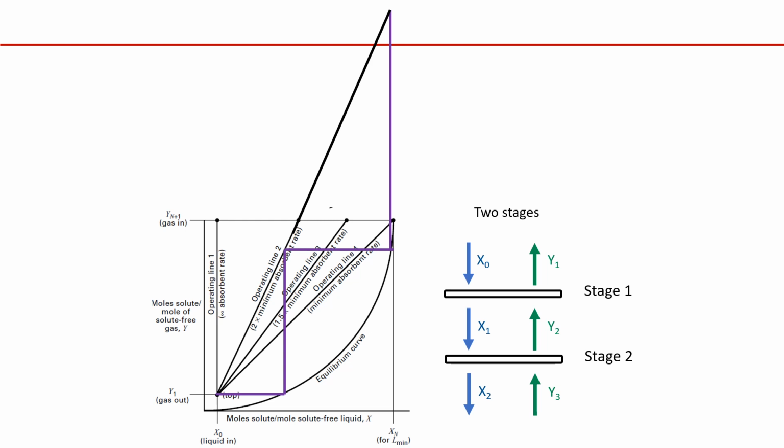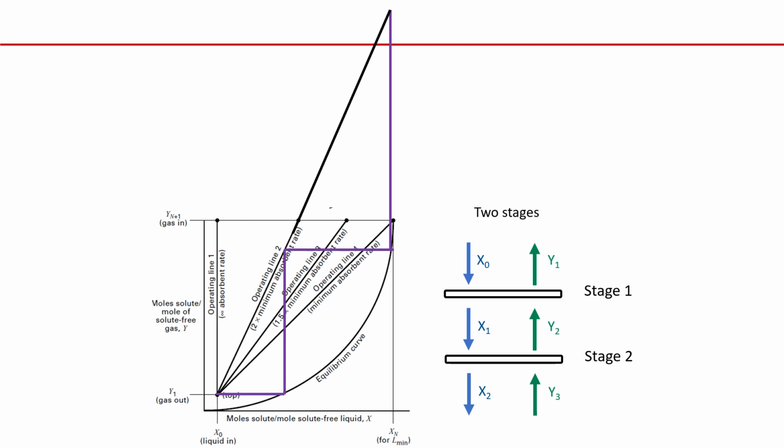Okay, now let's look at this case. What if the liquid flow rate is only 2 times the minimum liquid flow rate? So we have a slope here.